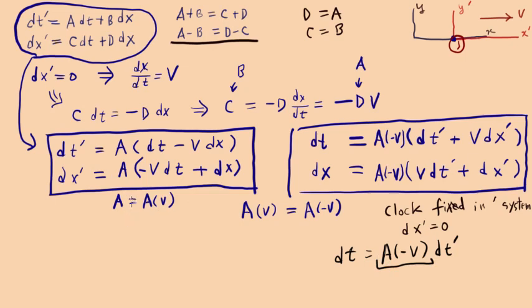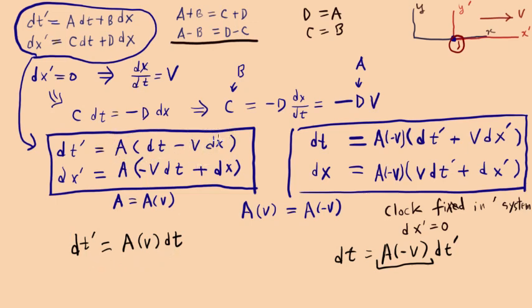By the same reasoning, this a(v) is also the time scale changing factor, except that it regards the time scale change when you're watching a clock moving at negative v instead of a positive v.